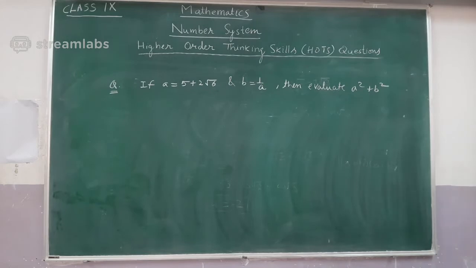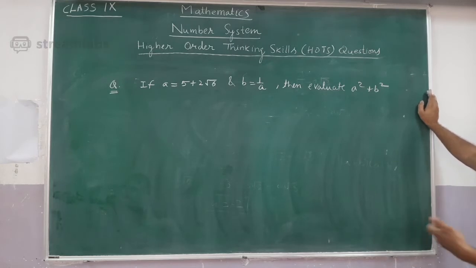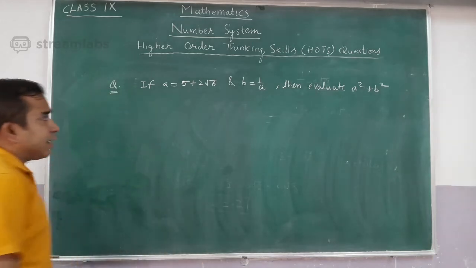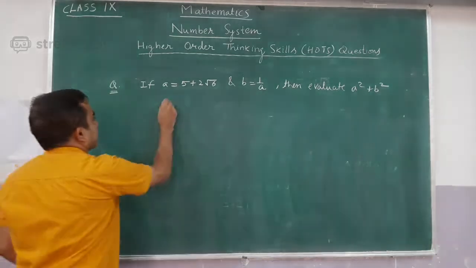A square plus B square. Directly, if you find A square and then 1 upon A square, because B means 1 upon A, and then you take the LCM, it may be lengthy. So first let us see how much B is.